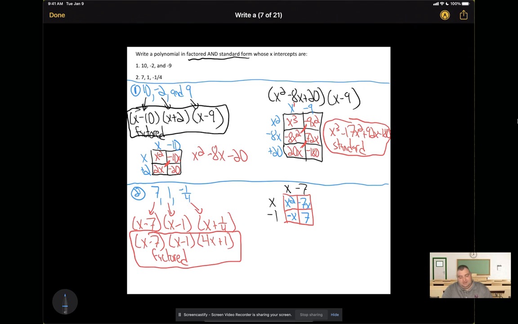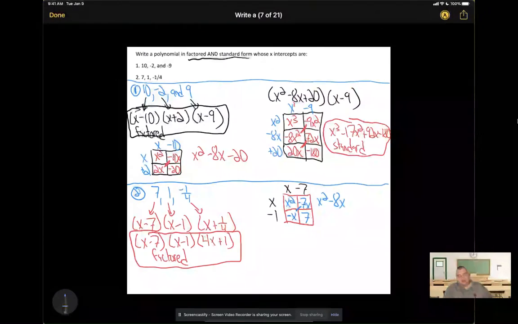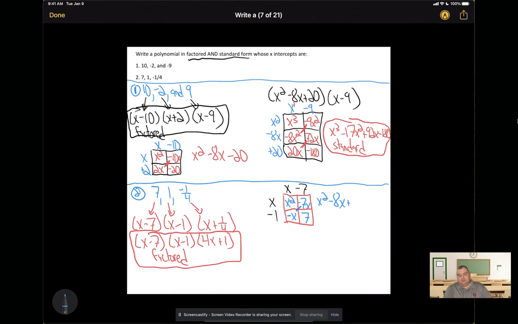So if I put that together, I get x squared, negative 7 and a negative 1x. Negative 7 and negative 1x becomes negative 8x. And then plus 7. And now I'm going to take that and I'm going to multiply that by 4x plus 1.